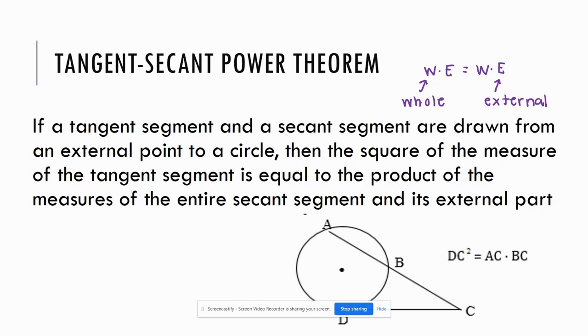So the whole times the external is why that tangent is actually being squared, because you multiply it by itself. Then the whole entire secant AC is multiplied by the external part BC, which is outside of the circle. So anytime you want to think about a tangent-secant power theorem, you can just think about that phrase "we."